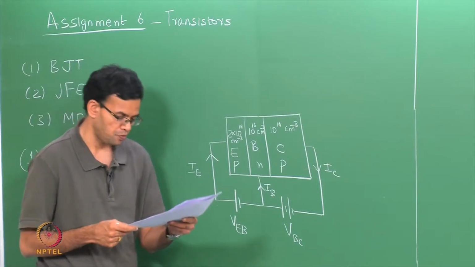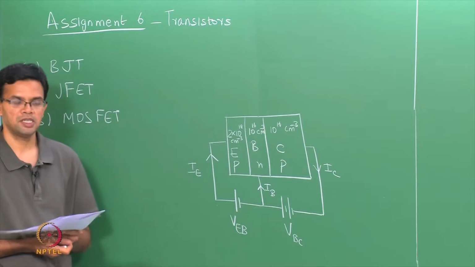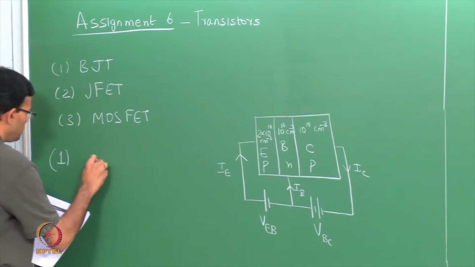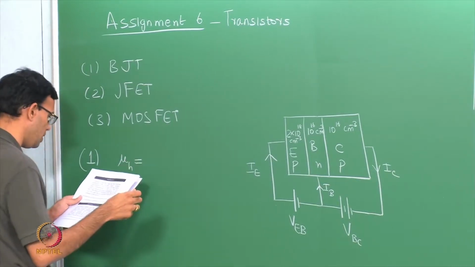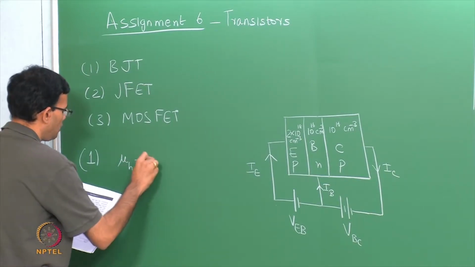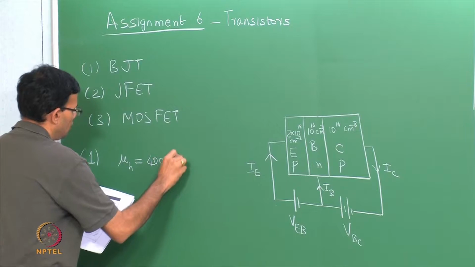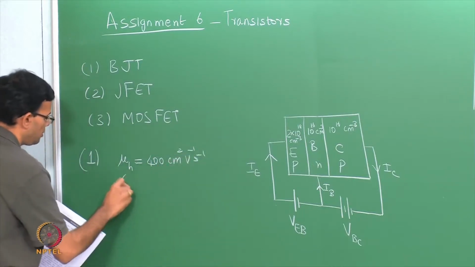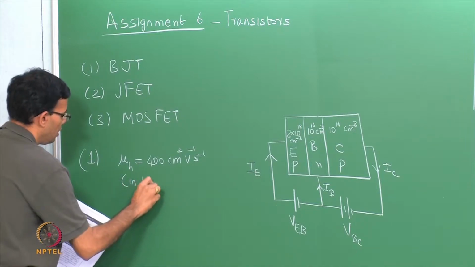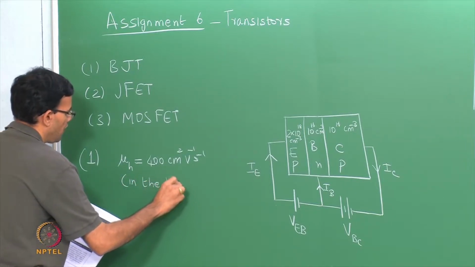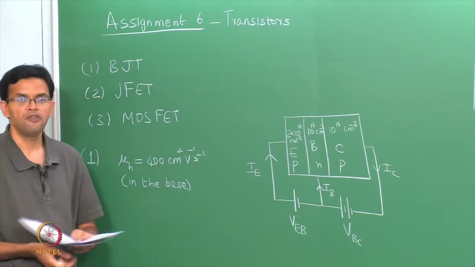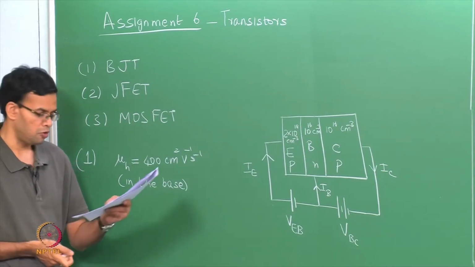Some of the numbers that are given here say that the hole drift mobility, mu h, in the base is 400 centimeter square per volt per second. So, this is the mobility of the minority carriers in the base. The width of the neutral base region is also given.